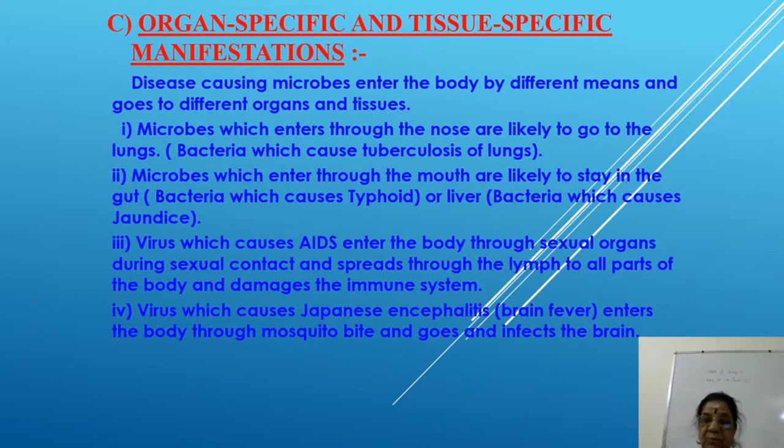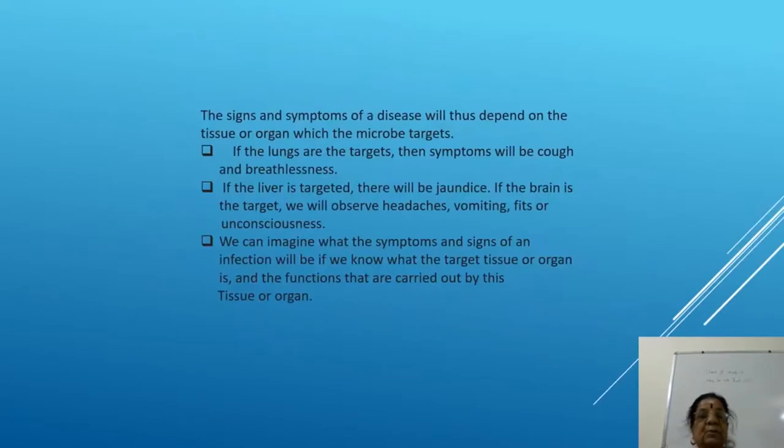So this is about tissue specific and organ specific effects. The next one is about sign and symptom. The sign and symptom of a disease will depend on the tissue or organ which the microbe targets. If the lungs are the target organ, the symptoms will be cough and breathlessness.